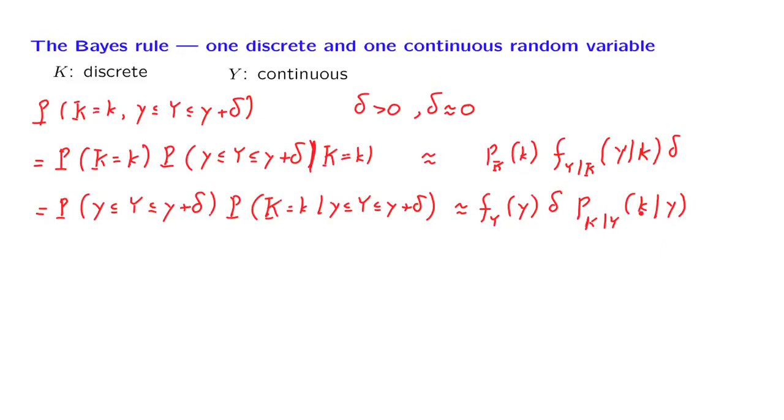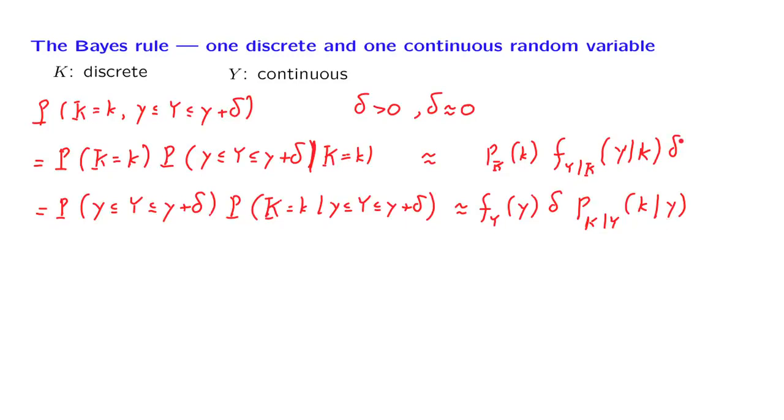It's a PMF of a discrete random variable, but it is a conditional PMF. It describes the probability distribution of the discrete random variable K when the random variable Y, which happens to be a continuous one, takes on a specific value.